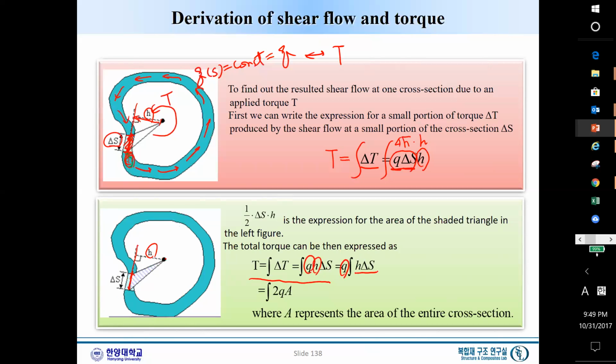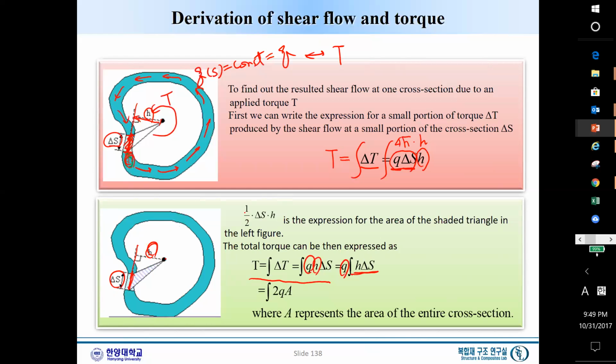And now, what is H times delta S? This delta S times the vertical length H. What's the geometric property of this quantity?